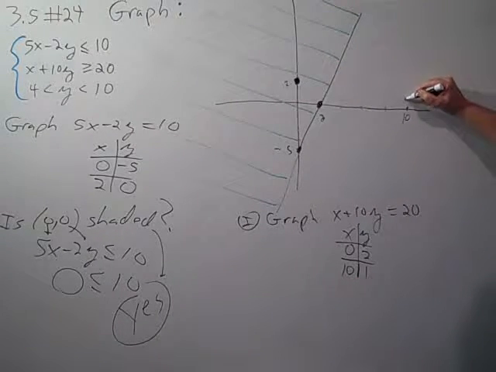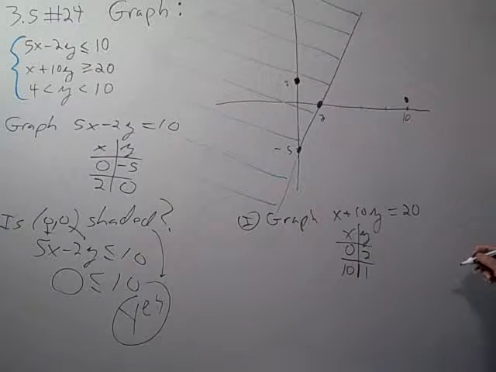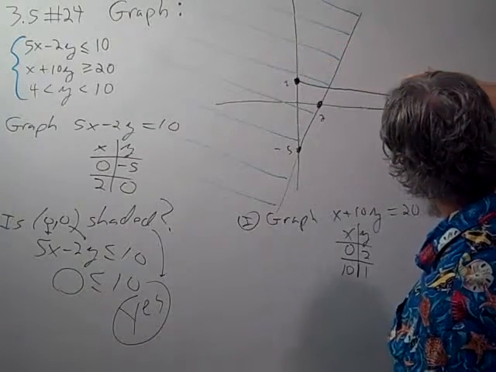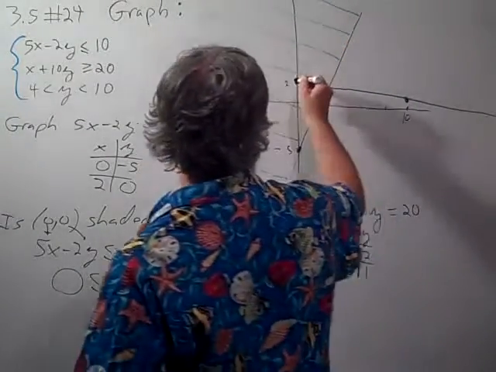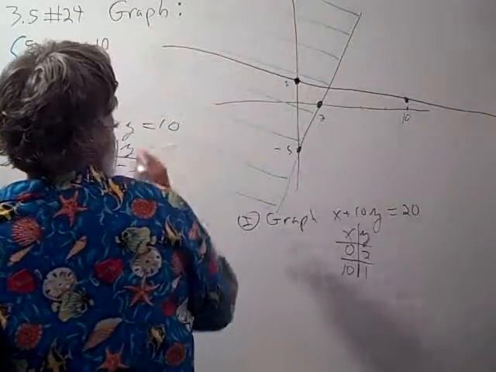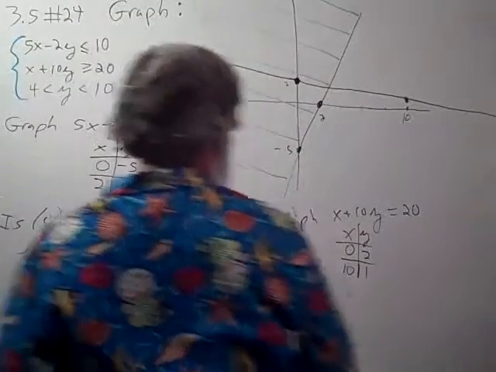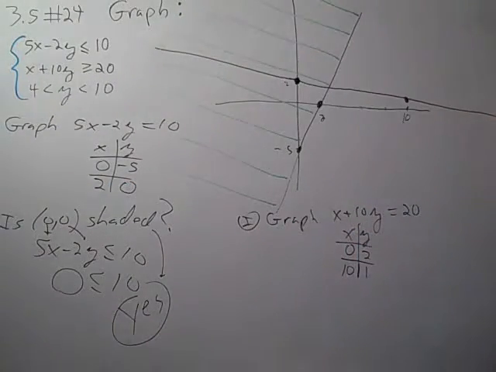That's up to here. So there's a second point on the graph of this line. So connecting those dots, we get a line something like that. It's not a very straight line, but okay, so that's the graph of the boundary of our second region.